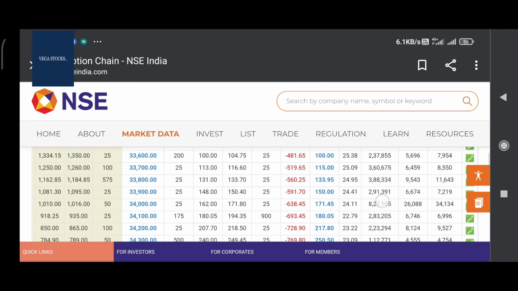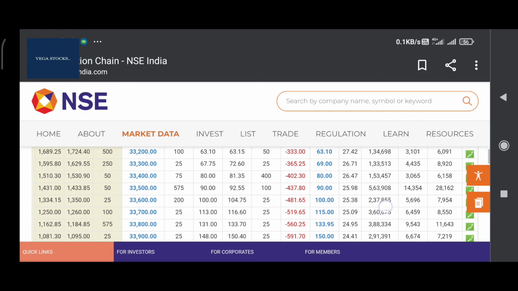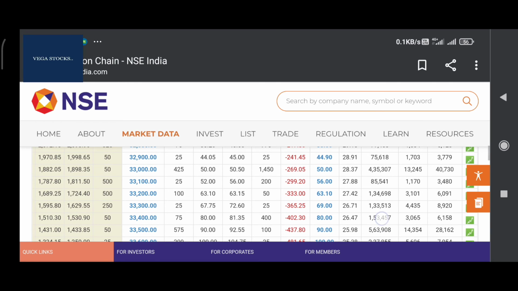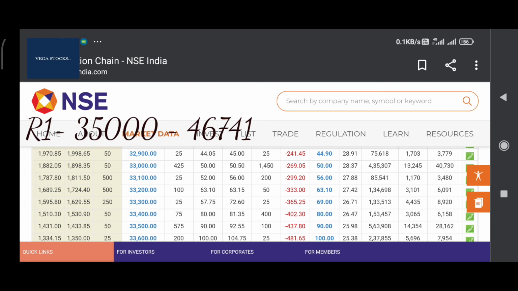Then we have strong support at 33,000 with 40,730 open contracts with an addition of 13,245 today. Now from this option chain we found support and resistance. Let's look at it again and decipher the trend. Resistance 1 is at 35,000 with a total open interest of 46,741.